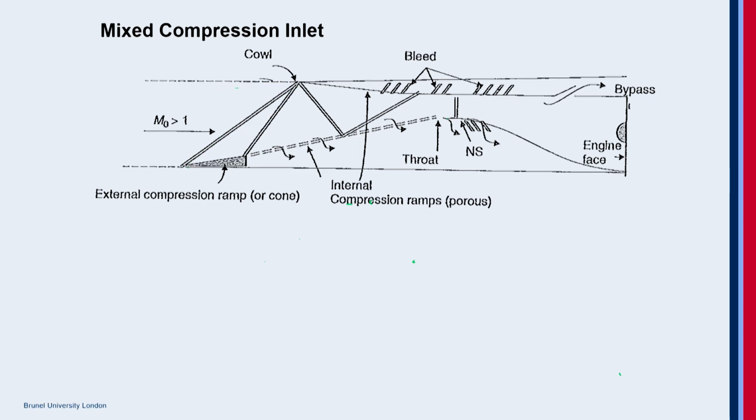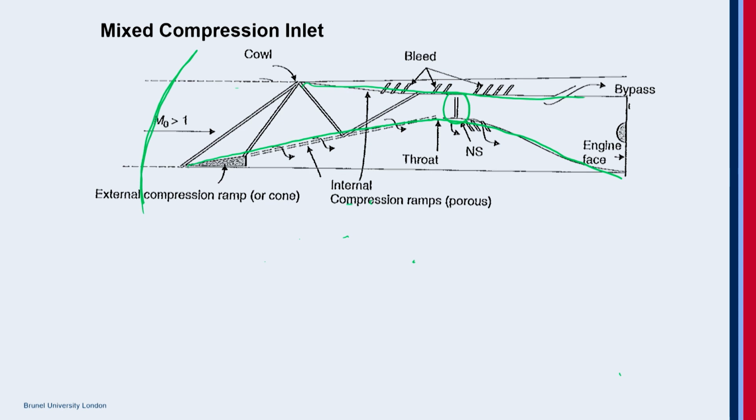Now you see that we end up in a convergent divergent inlet. When you end up in a convergent divergent inlet, then you see this normal shock. So we have to face the problem of unstarted inlet. Whenever we have this convergent divergent inlet, these unstart conditions will come.